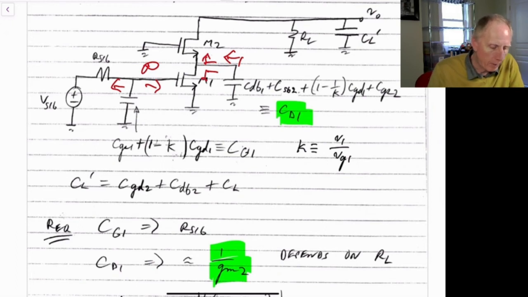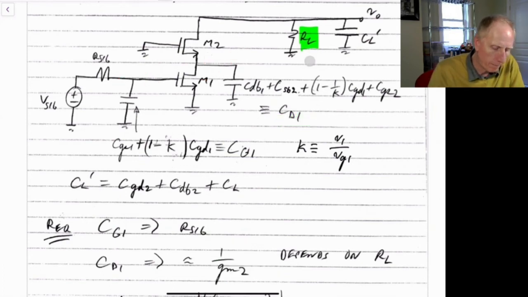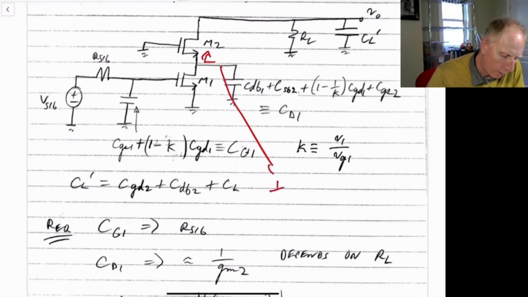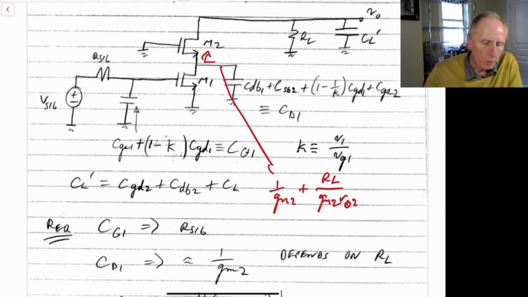Now this does depend upon RL. Looking up into this resistance up here, it should actually be written as 1 over GM2 plus RL divided by GM2 RO2. But assuming that RL is not that large, then we can approximate this as just 1 over GM2.